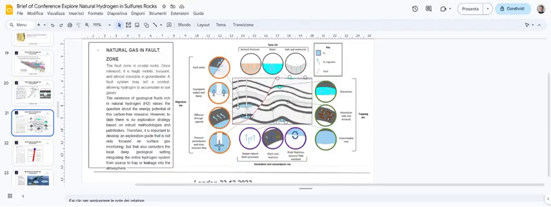A fault system may act as a conduit, allowing hydrogen to accumulate in soil gas. The existence of geological fluids rich in natural hydrogen raises the question about the energy potential of this carbon-free resource. However, to date, there is no exploration strategy based on a robust methodology and pathfinder.